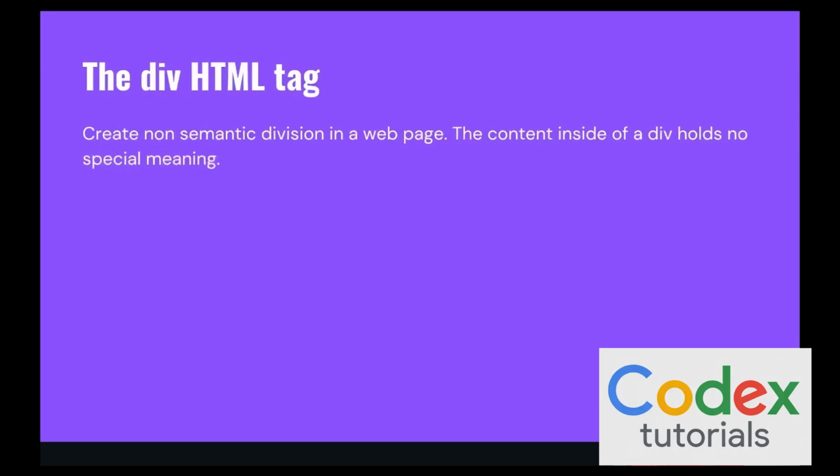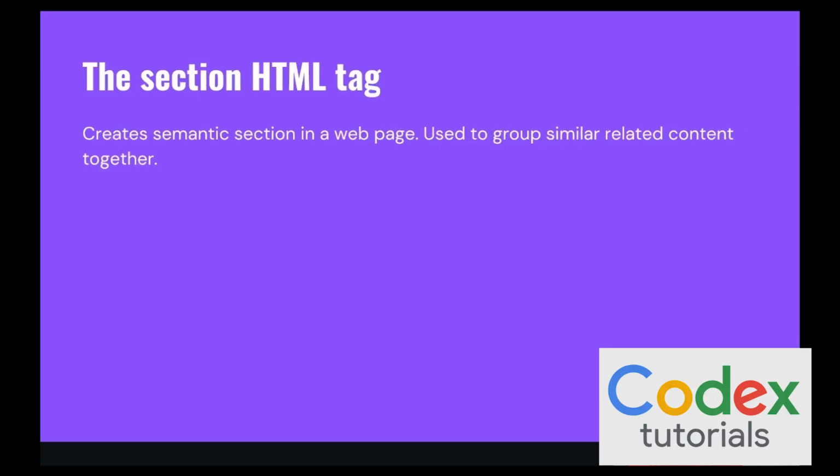Mind you that between a div and a section and all the other container HTML tags, there is no visual difference whatsoever. But where the difference starts coming in is the semanticism of the HTML tags. And as I discussed before, we will discuss what semanticism in HTML is in the further videos.